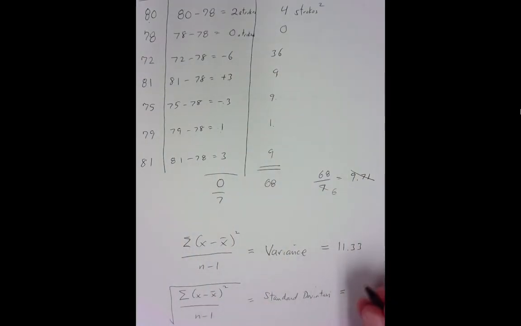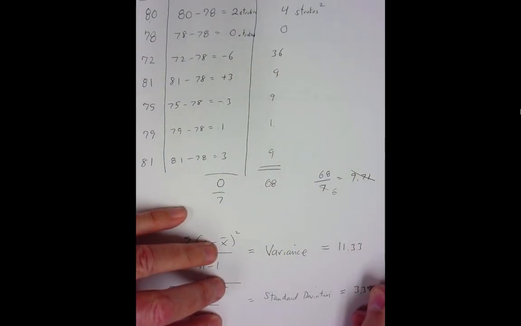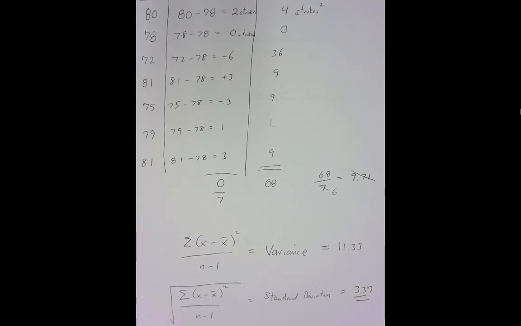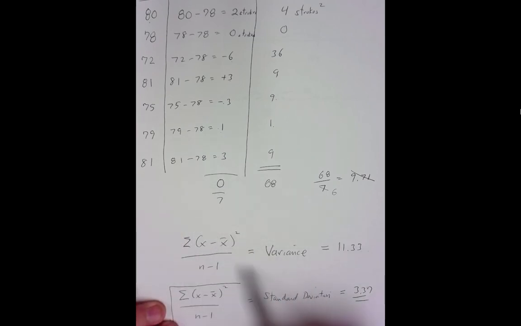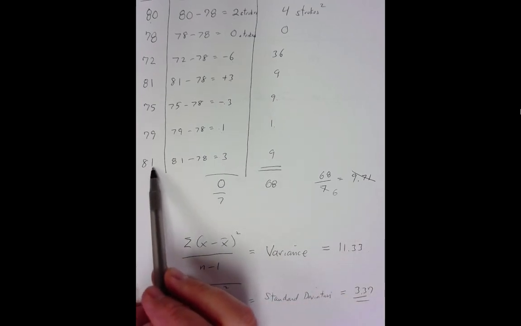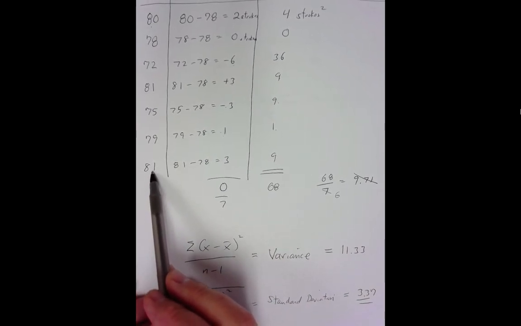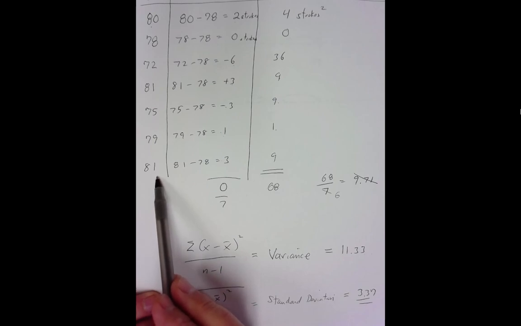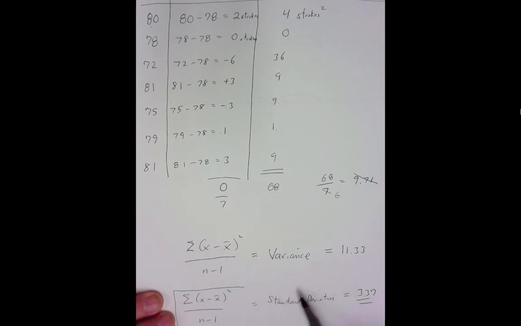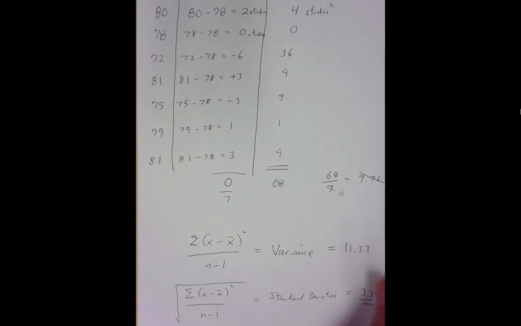So 3.37. Now, we had a small manageable data set. I mean, this was still kind of a nightmare for some of you, probably. But we had a small manageable data set. Can you imagine having like 760 measurements, 760 golf scores, and trying to do this? Well, you wouldn't. You would use technology.